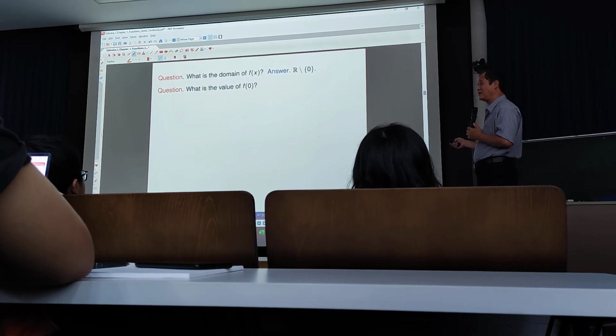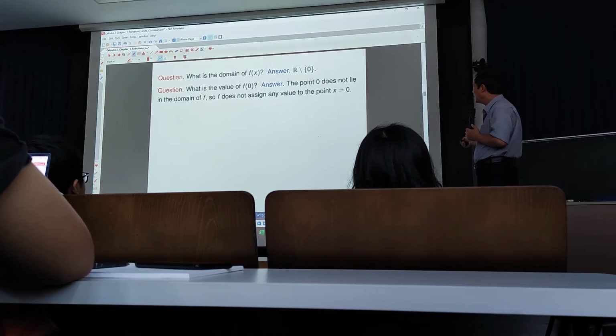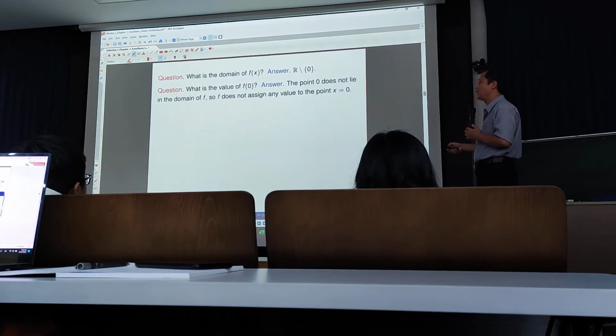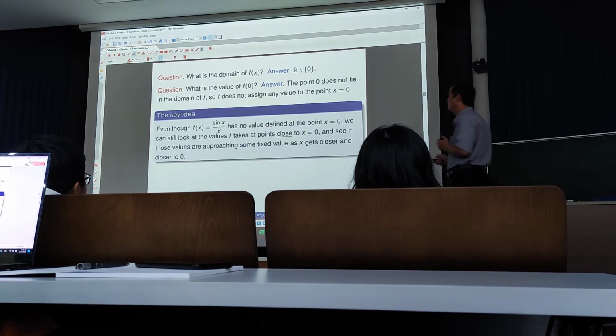We cannot talk about f at 0. But then, how about 0? In this case, 0 doesn't lie in the domain of f. But we can think about the values very near this point at 0.